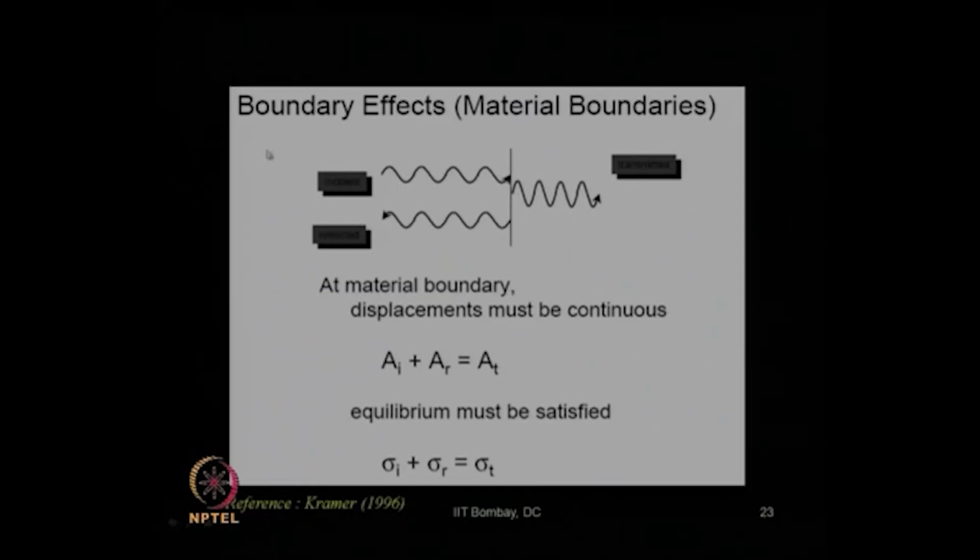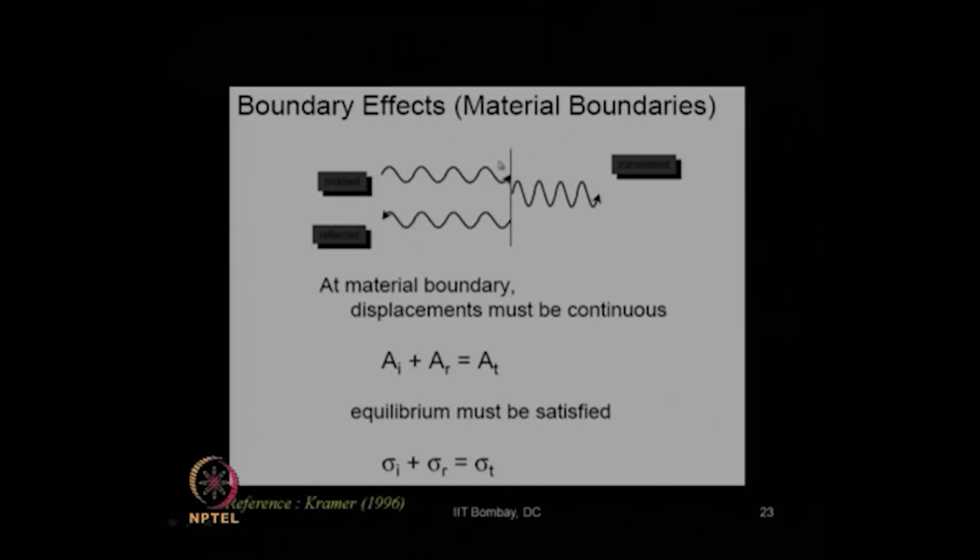Clear? So, eventually what are the waves we are handling at this boundary? One is the incident wave in material 1, one is the transmitted wave or refracted wave in material 2, and another is the reflected wave in the same material 1, where the incident wave comes from.